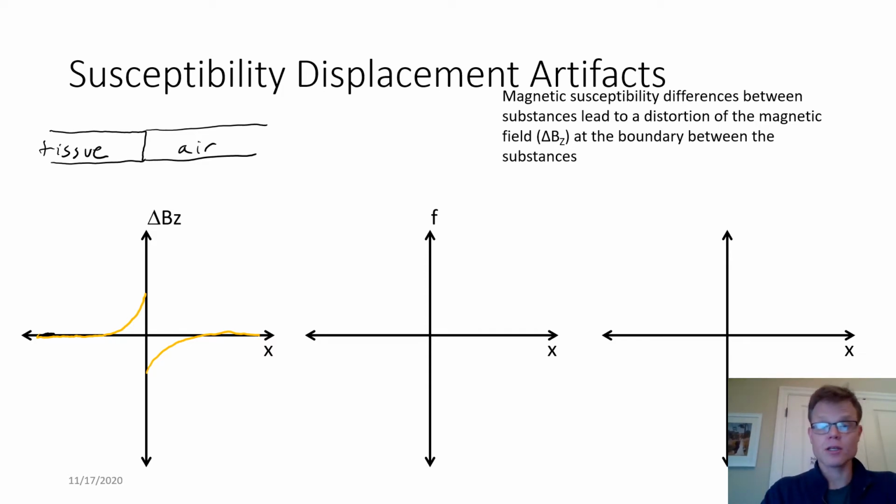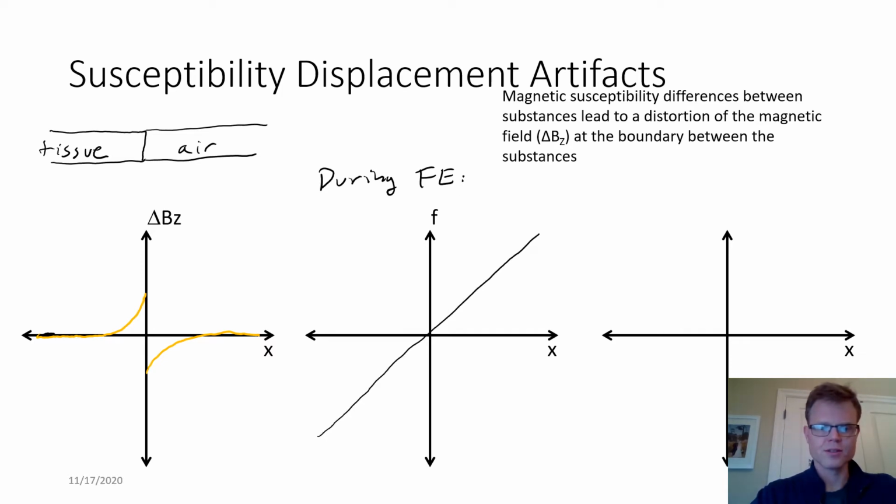So now let's look at the frequency versus position here during our frequency encoding step. So nominally, we'd have a frequency to position mapping like this. And so our positions along here, or let's do it the same way as before.